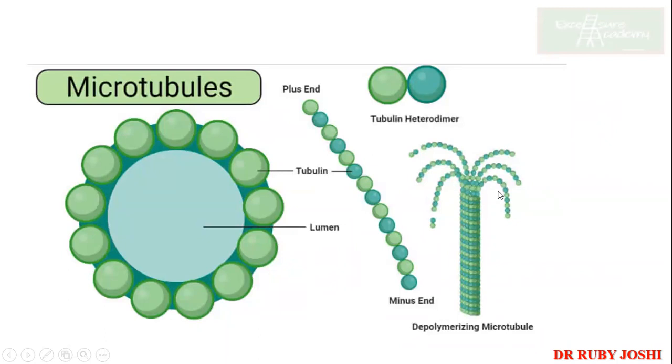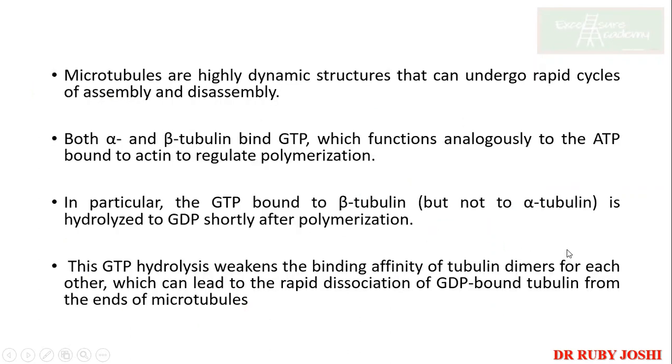Okay. Now this is how the protofilaments of the microtubule start depolymerizing. All the 13 protofilaments will start depolymerizing. It will look as if there are flowers and they are shedding off. Now, microtubules are highly dynamic structures that can undergo rapid cycles of assembly and disassembly.